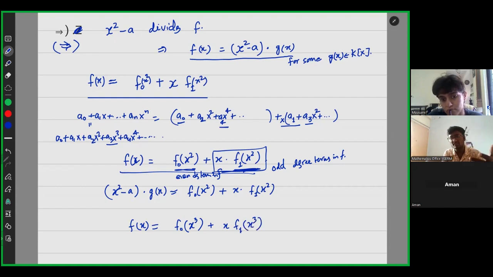These are 3n plus 1 type degrees. Plus x square f2 of x cube. These are 3n plus 2 type. So all integers can be divided into 3 parts: 3n, 3n plus 1, 3n plus 2.